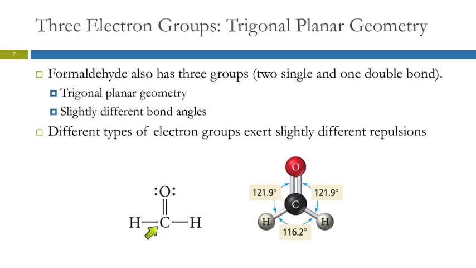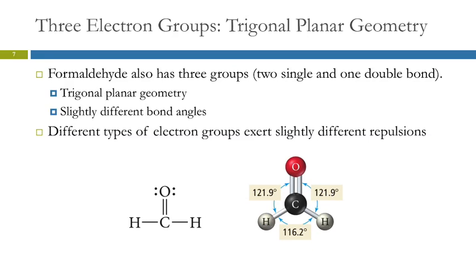Here's formaldehyde. Lewis structure. So we look at the central atom, and there are 3 groups. 3 groups arrange themselves in a trigonal planar arrangement. What happens here, though, is that these bond angles are not all the same.